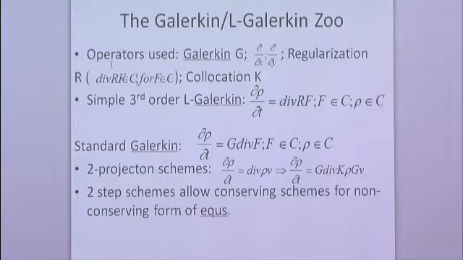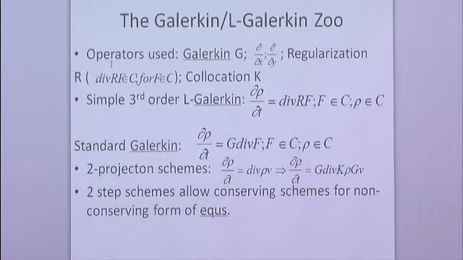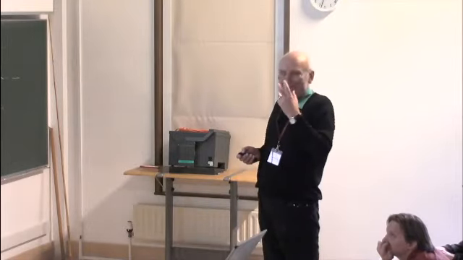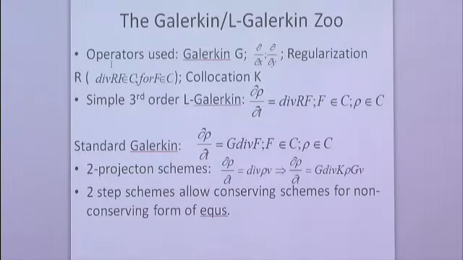So with these operators, I can define standard Galerkin, which means time derivative is equal to divergence, and to make the function continuous again, a Galerkin operator. And I always use this L Galerkin, local Galerkin, which is by nature fully local. The classical Galerkin involves a mass matrix, which is a non-local operation, which is somehow a pain in the neck if you want to use multiprocessor. So this is somehow very simple.